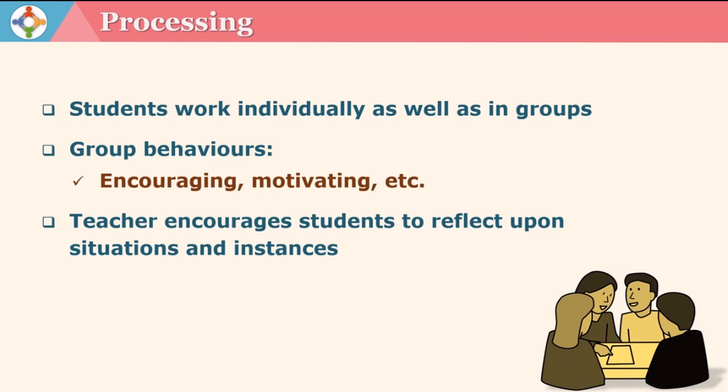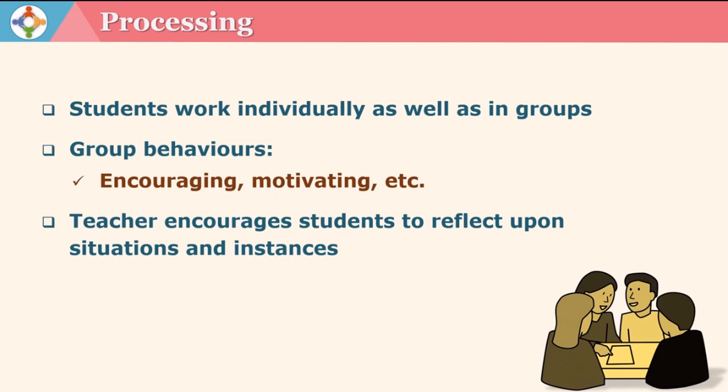Then comes group processing, which is the last element of the cooperative learning approach. In this, the teacher should provide enough time and procedure to the group for self-assessment, analyzing their performance in comparison to others, in relation to assigned learning tasks and social skills. Students are working individually as well as in groups, and group behaviors are encouraged and motivated by each other.